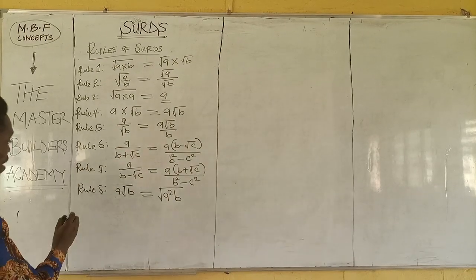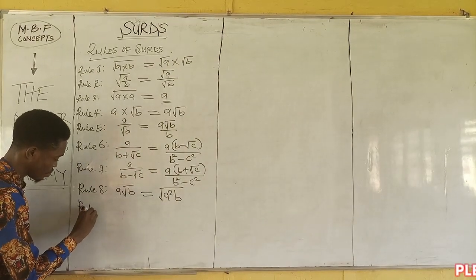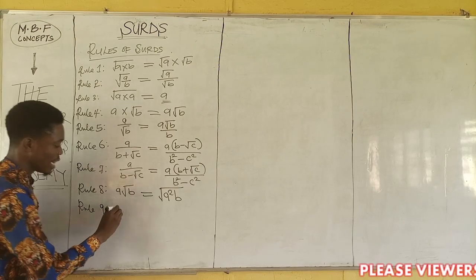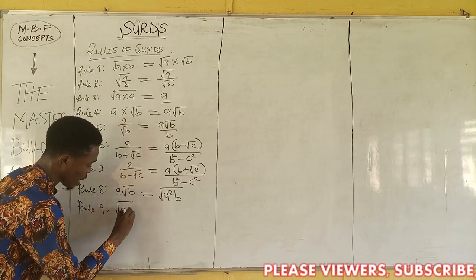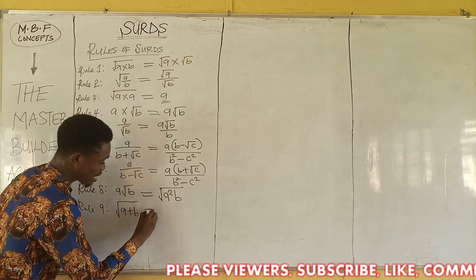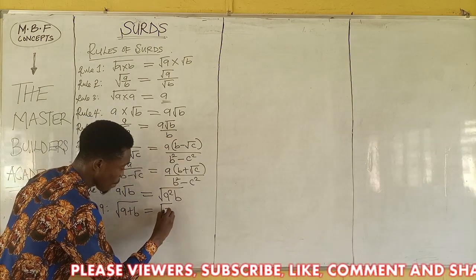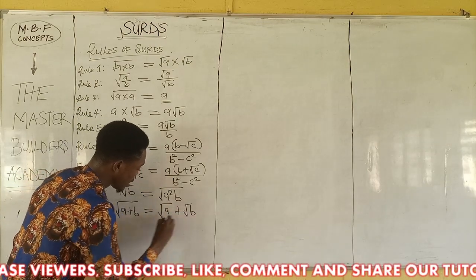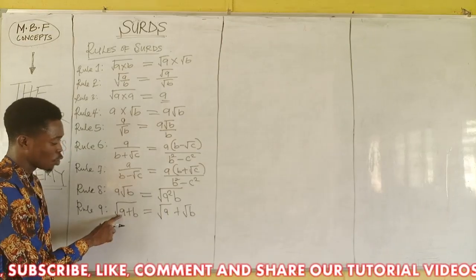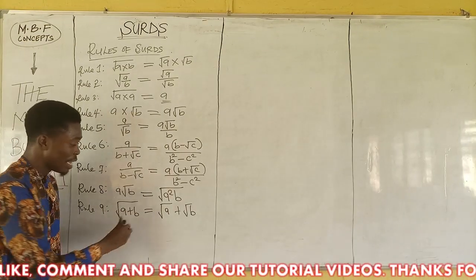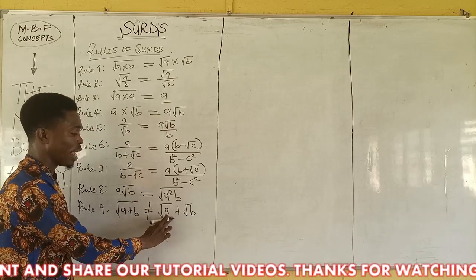Then likewise, we have rule number 9. In this case, if I have the square root of a plus b, mathematically, this is not equal to root a plus root b.